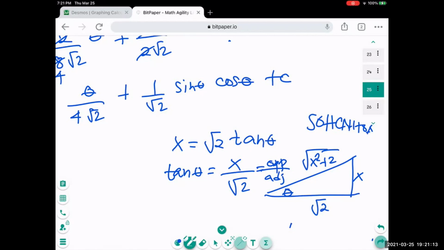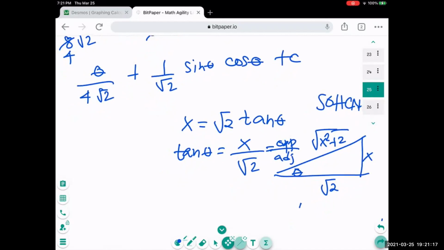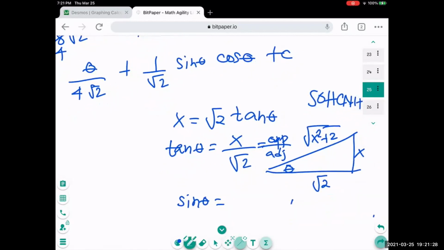So how can we solve sine? Sine theta then would be based on this triangle. So SOH, so sine is opposite over hypotenuse. So our opposite is x, right? And the hypotenuse is square root of x squared plus 2.